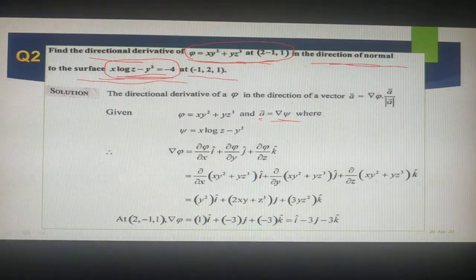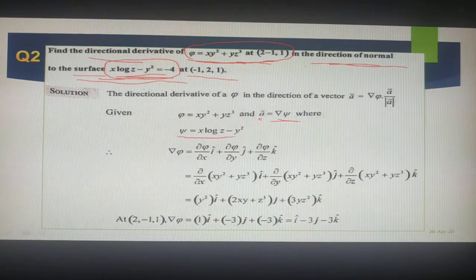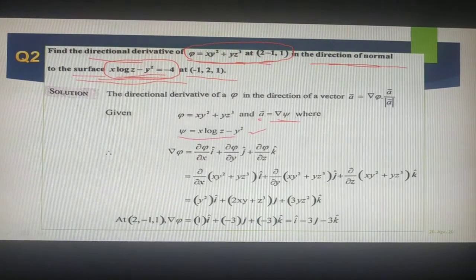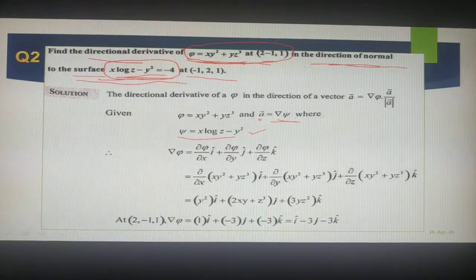What is that vector? The normal to the surface, nothing but del phi only. So a bar is equal to del phi. Here the given function is x log z minus y squared. I think you understood. Otherwise, listen one more time. So this is your given function. At this point, of course, you can simply find del phi.